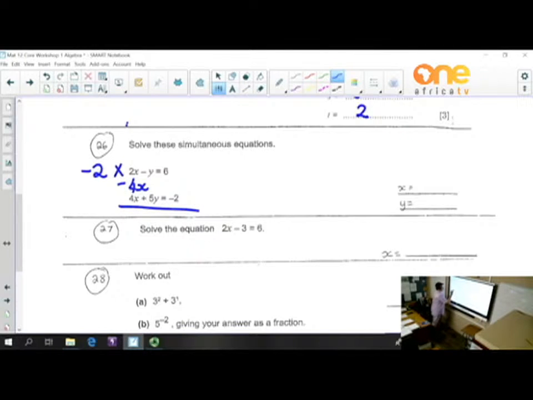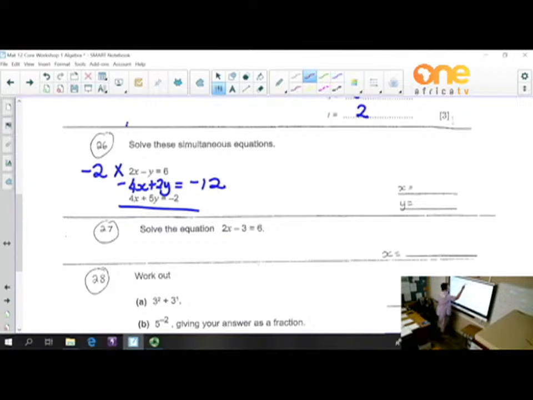But this means I have to multiply the whole equation with negative 2. So the next one is then positive 2y is equal to negative 12. And that's very important. You must multiply the whole equation by that negative 2.